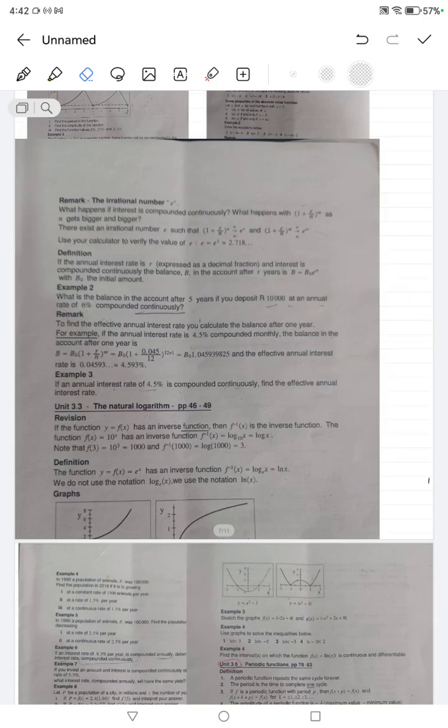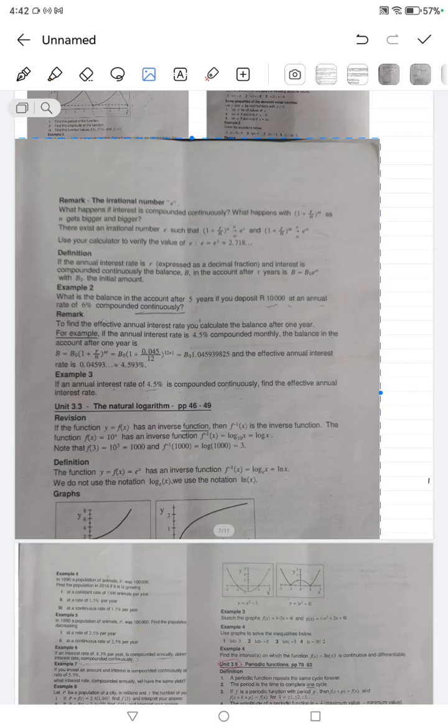So now we're getting to the second part where we're going to be using base e. They have some definition that you have to read this side, but normally with these ones, if and only if you get an example where they tell you it's compounded continuously, just know that now you're going to be using your base e.